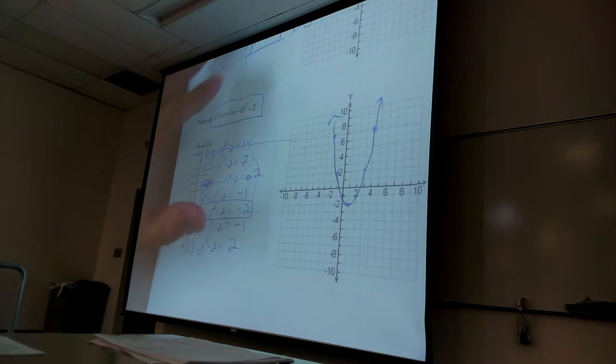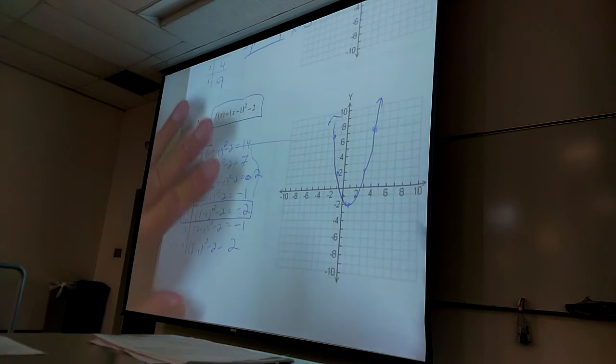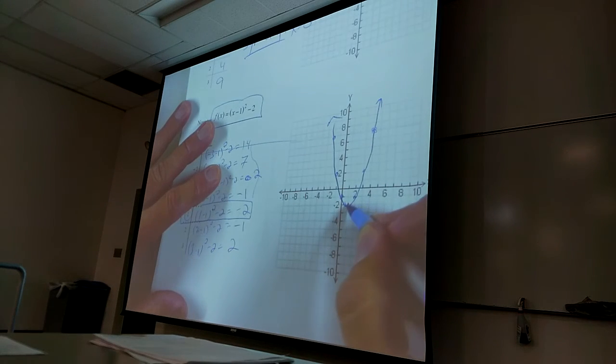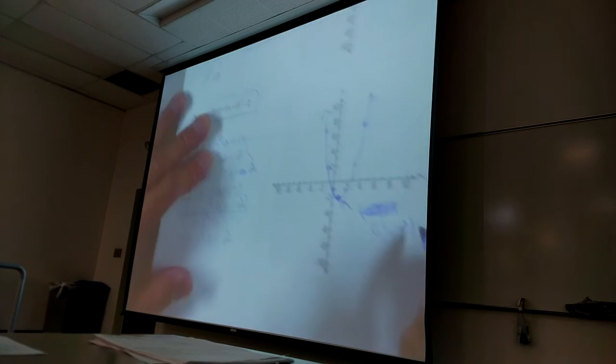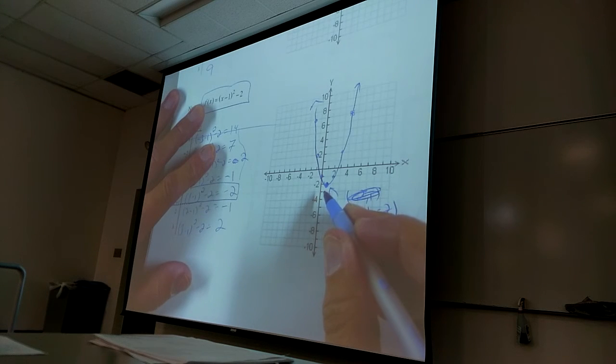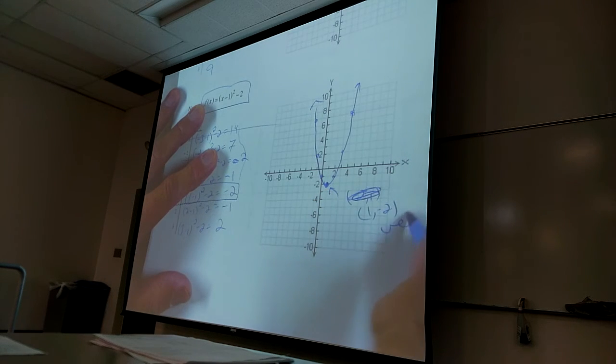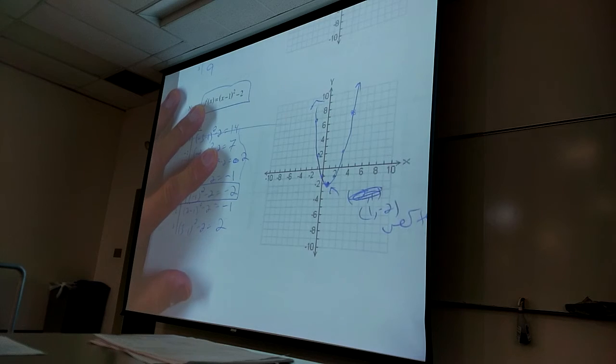Where is the axis of symmetry? 1, negative 2 is the vertex. So where's the axis of symmetry? What's the equation for the axis of symmetry?